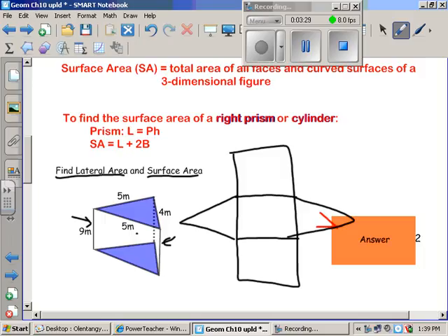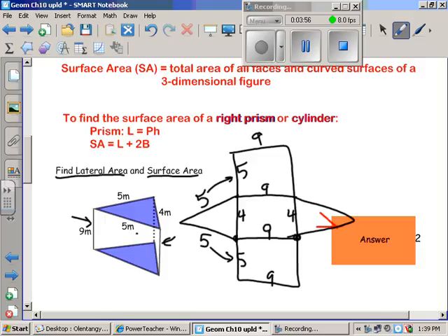The distance between the bases is 9, so that's 9, 9, 9. The length of the short side is 4. And these two sides are 5, which means these are 5 as well, because they have to connect exactly.